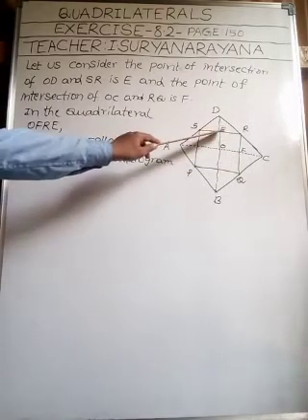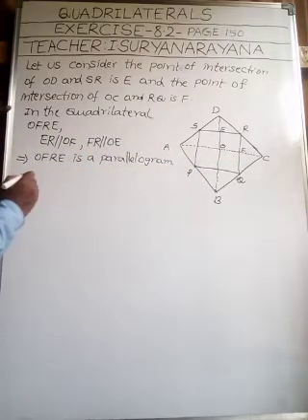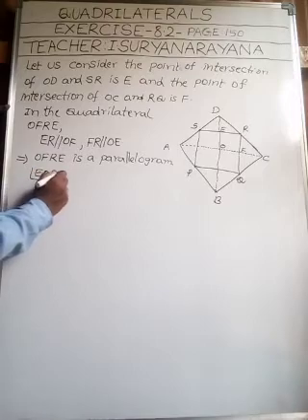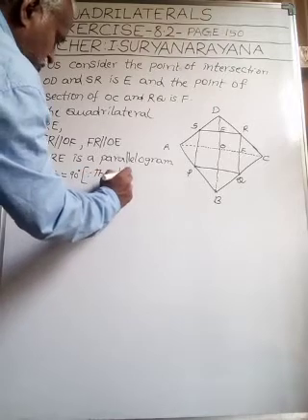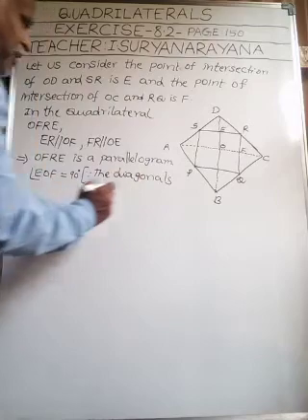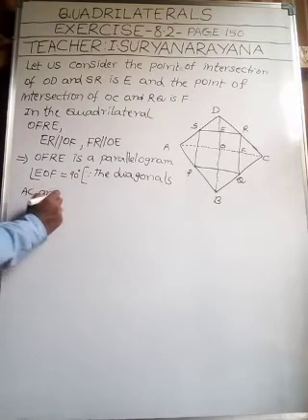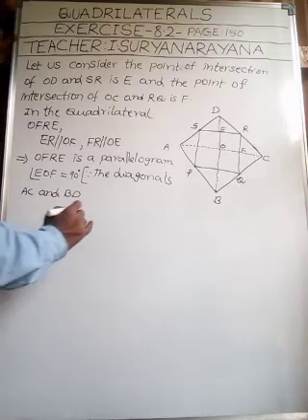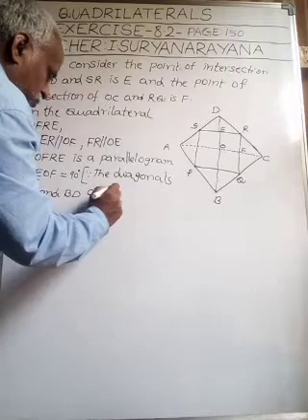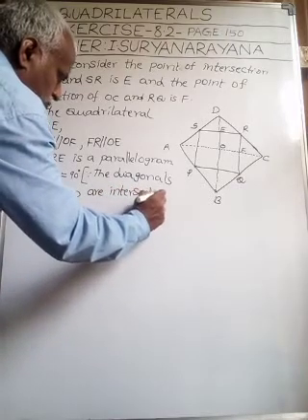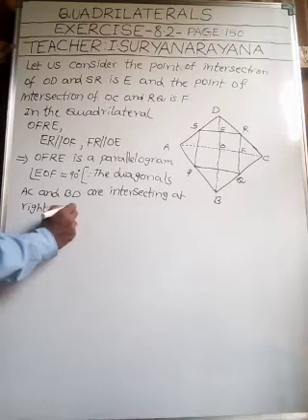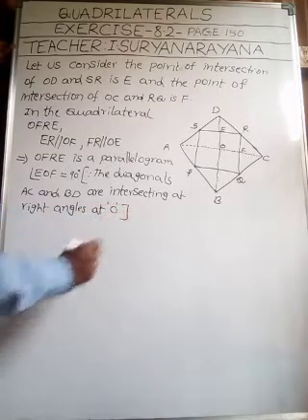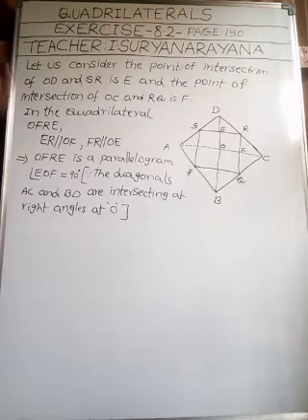In this parallelogram, angle EOF is 90 degrees, because the diagonals AC and BD intersect at right angles at O. These two are diagonals of a rhombus.